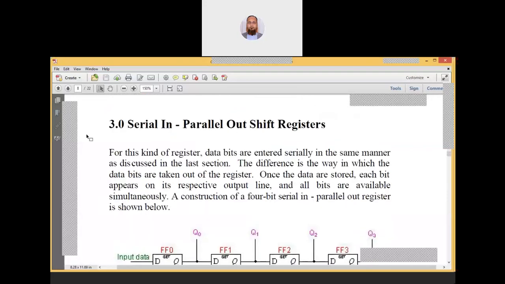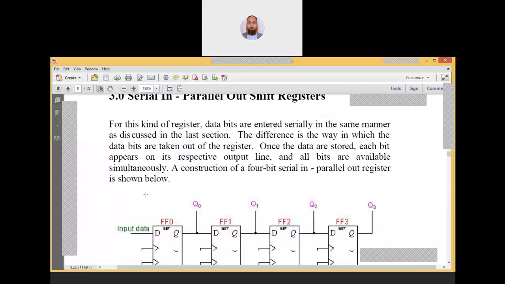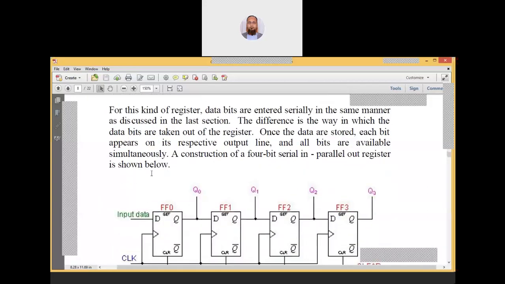Okay. So next thing is serial in parallel out shift register. Okay. So the only difference that we can see here is, let's see some theory lines. For this kind of register, data bits are entered serially in the same manner as discussed in the last section.